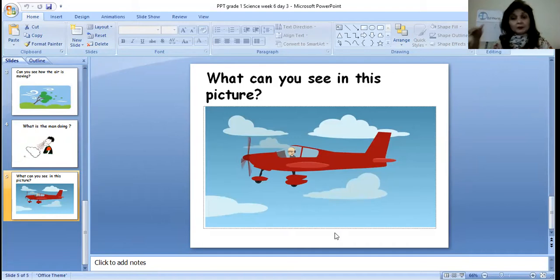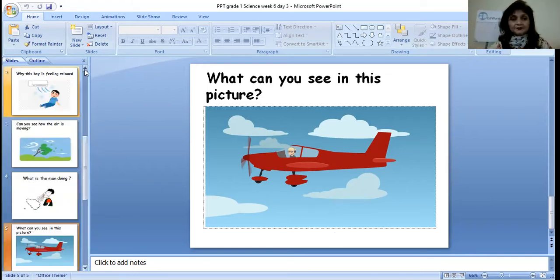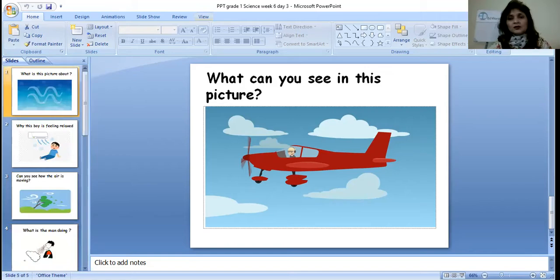And again, the airplane is flying in the air. Understood? Yes. So air is all around us. Everywhere is air, but we cannot see it, but we can feel the air, right?